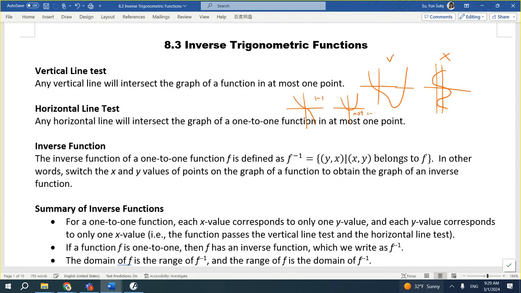No, because you can find a horizontal line intersecting twice. So the vertical line test tells us whether a graph is a function, and the horizontal line test tells us whether the graph is one-to-one.